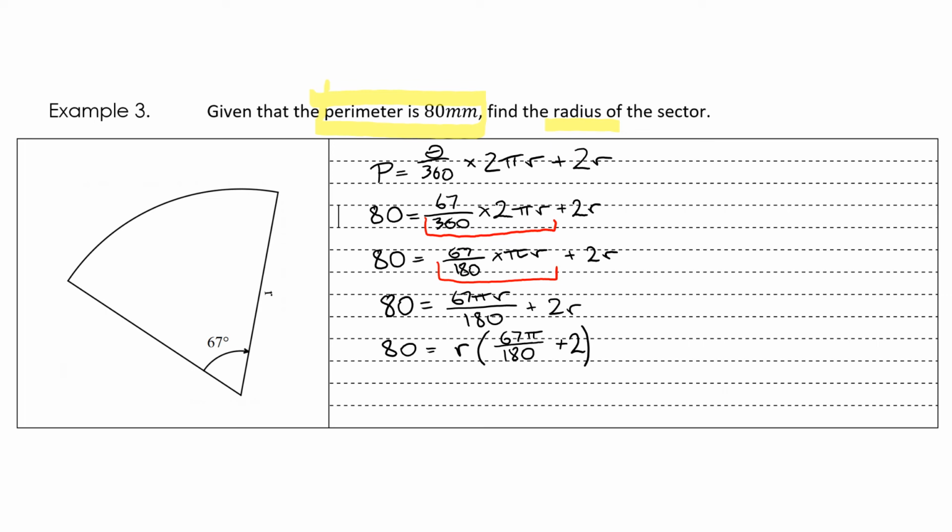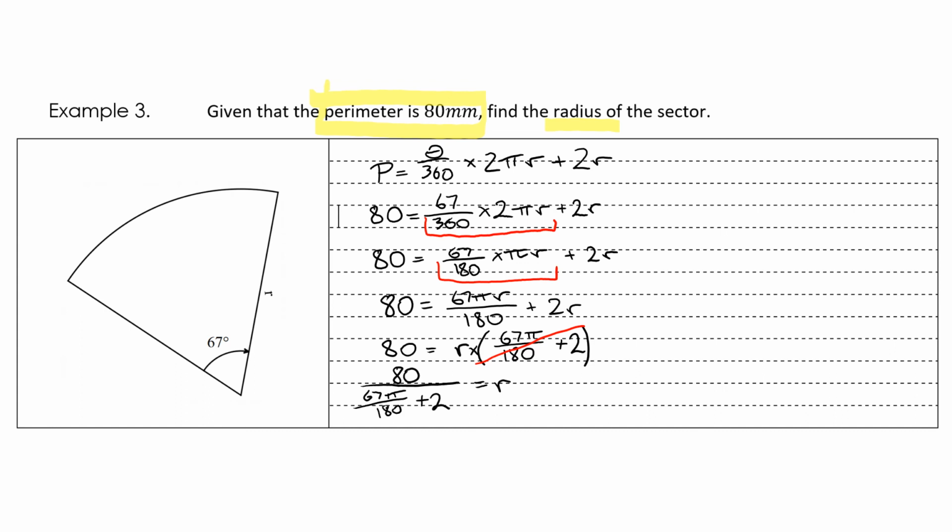And it's just r times everything in the bracket, isn't it? To cancel out all of that, because we just want r by itself, the opposite of multiplying is dividing. So if we do 80 divided by all of this, 67 pi over 180 plus 2, all of this will cancel out and we will get r.